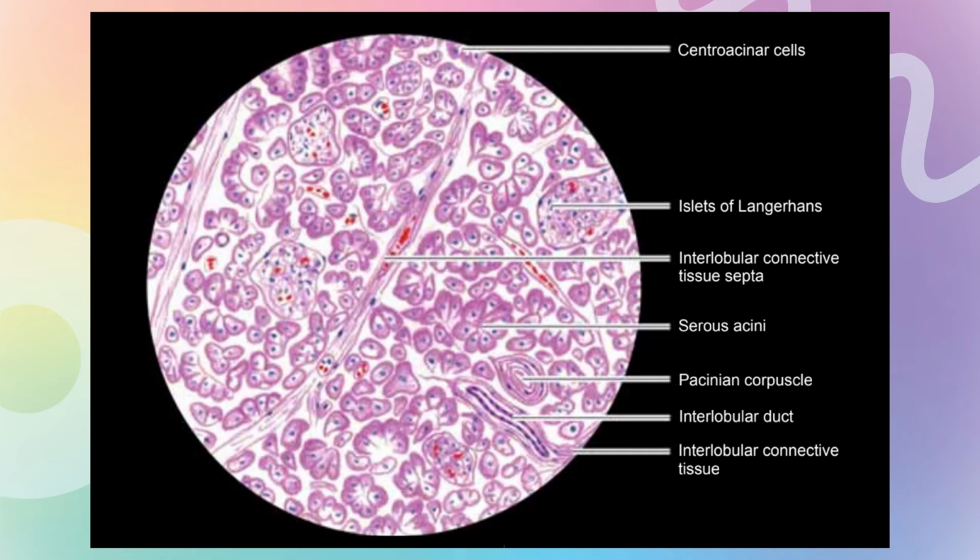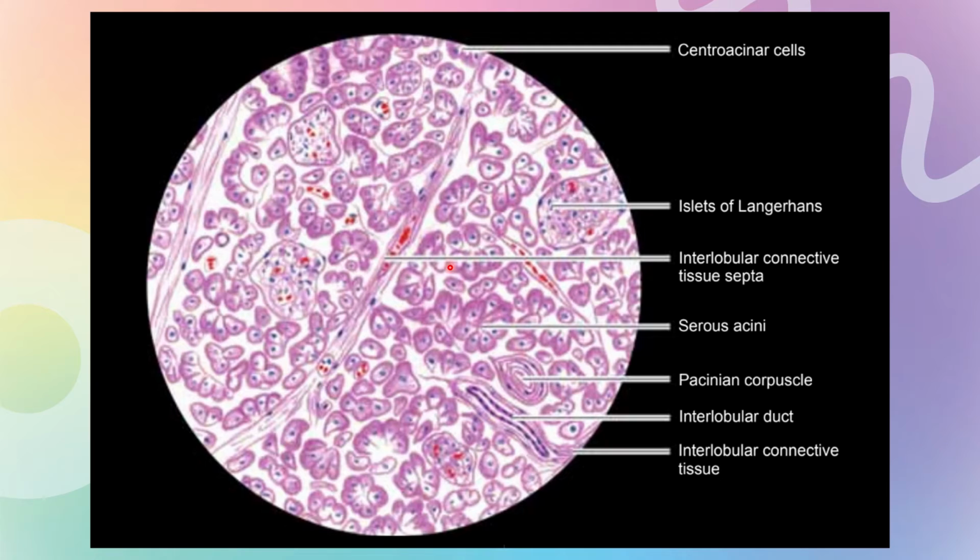Now this represents a slide of the pancreas. As we see here, the exocrine part of the pancreas is represented by many serous acini. This is one serous acinus, this is one, and this is one. These are darkly stained, whereas this is the islets of Langerhans, which we'll deal with later.